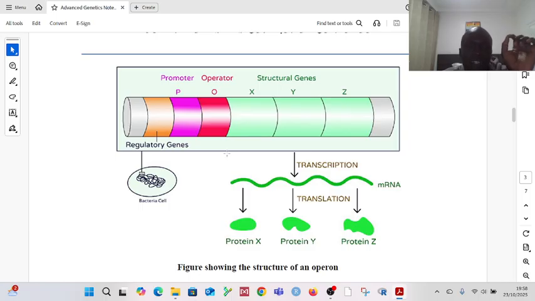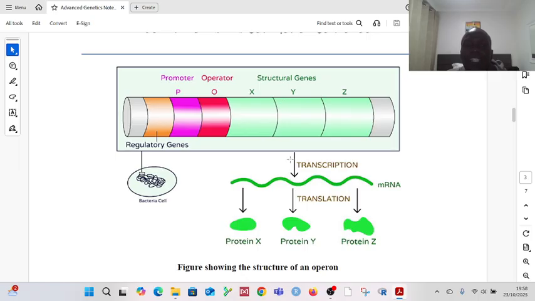Unless the repressor protein itolewe kwa operator, transcription cannot happen. Okay? It is until the repressor protein imetolewa, hapo ndio sasa RNA polymerase itaenda isome those structural genes.